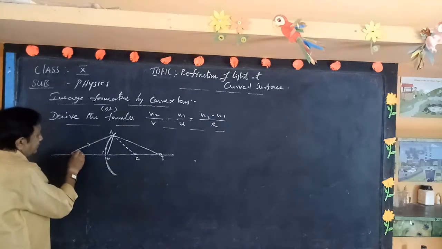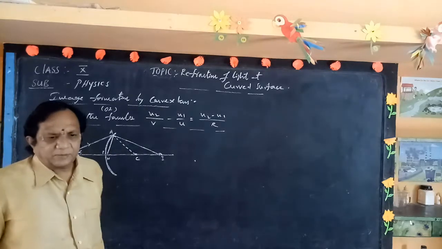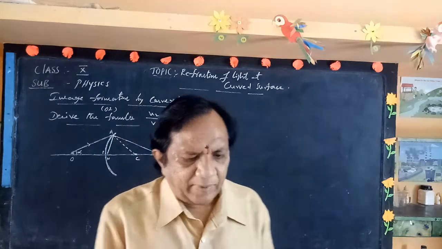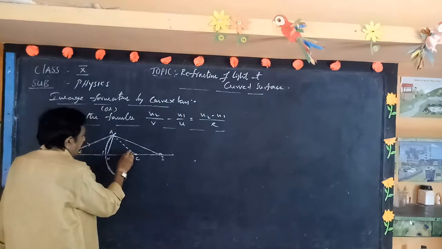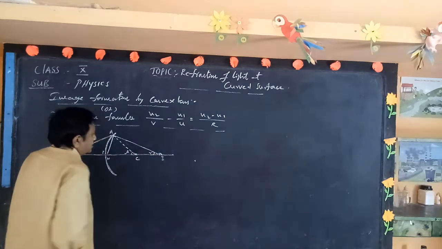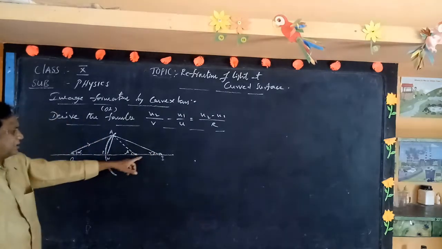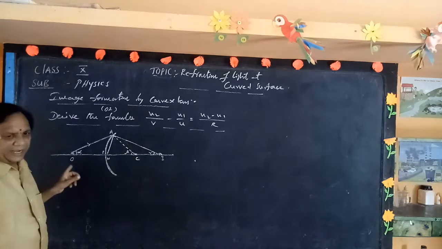Here this makes an angle with the principal axis, taken as alpha. At point C, the angle made is beta, and this angle is considered as gamma. Remember, it's an important one, all of these lie on the principal axis.